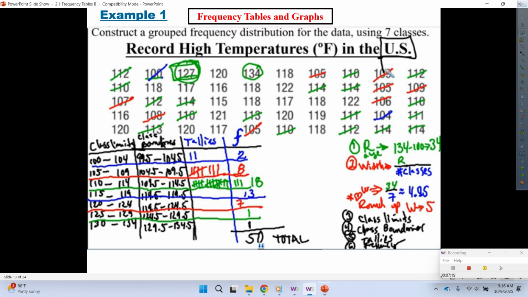Let's do 5. 5 is our rule of thumb. Whenever it doesn't say the number of classes, our rule of thumb is going to be what? 5. So you divide the range by 5, and that's how you find your width.